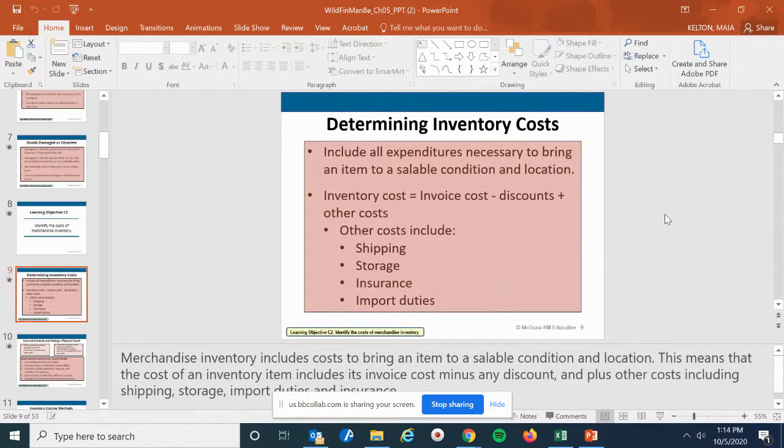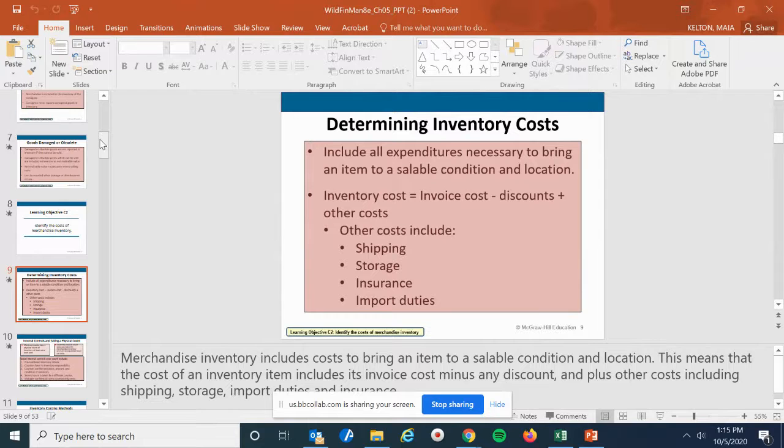The cost of shipping, for example, will increase the value of inventory. The cost for storing the inventory items, insurance, any kind of duties, any kind of tax would increase the value of inventory. And if the company is given discounts and takes advantage of those discounts, inventory costs will go down. So again, the invoice cost, the cost of the product, is only the starting point when calculating inventory value.